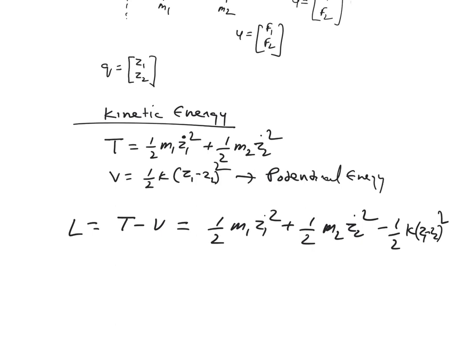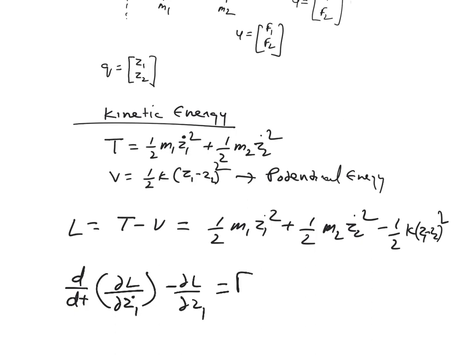The first is d by dt of partial of L with respect to Z1 dot, minus partial of L with respect to Z1, equals the force in the direction of that generalized coordinate, which is F1 here.